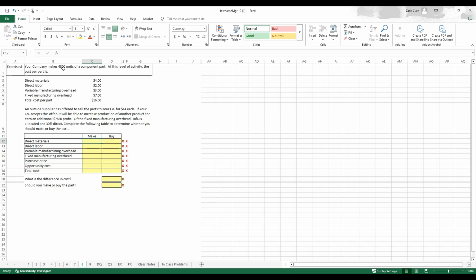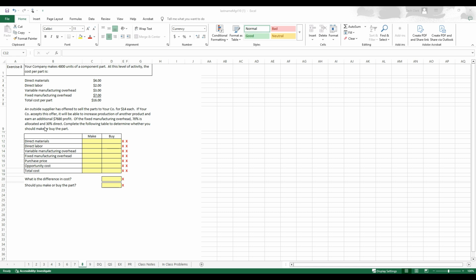Tab 8. So here's a component make or buy type of problem. We make 4,800 units, cost per part listed here. A supplier has offered to sell us parts for $14 each. We can increase production if we take the deal, and we'll earn an extra $7,680 of profit if we buy.